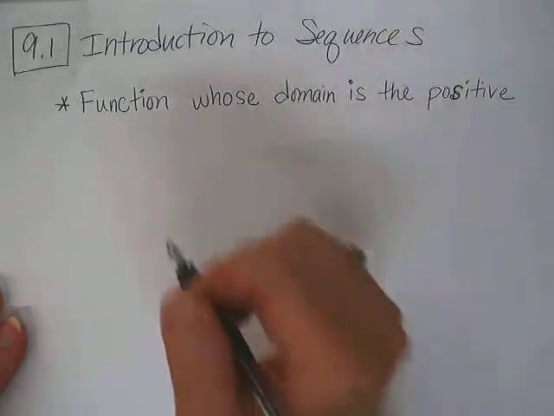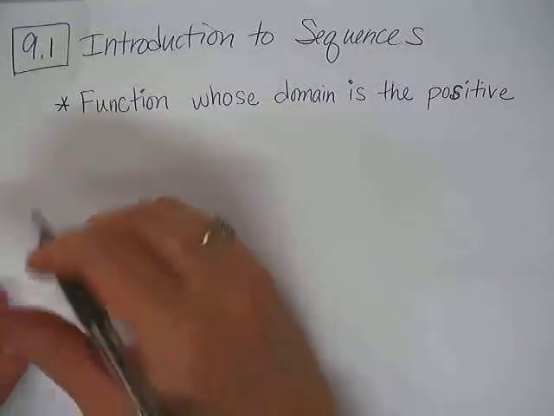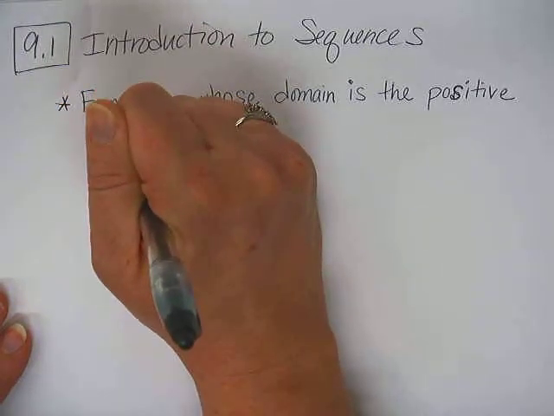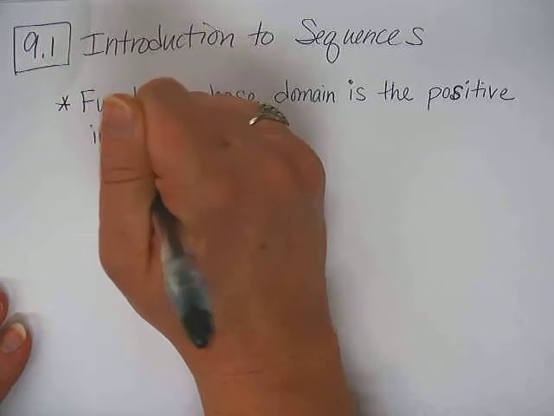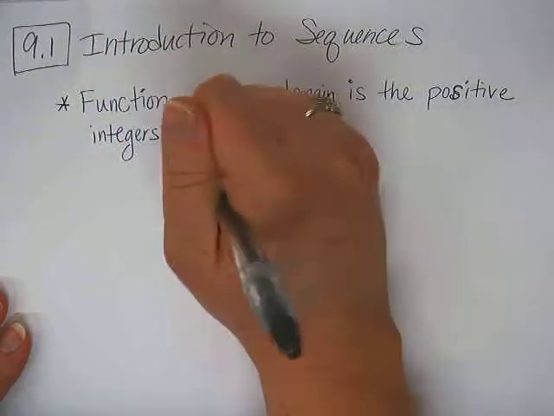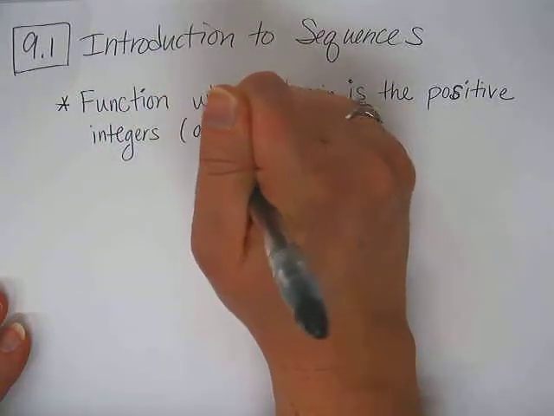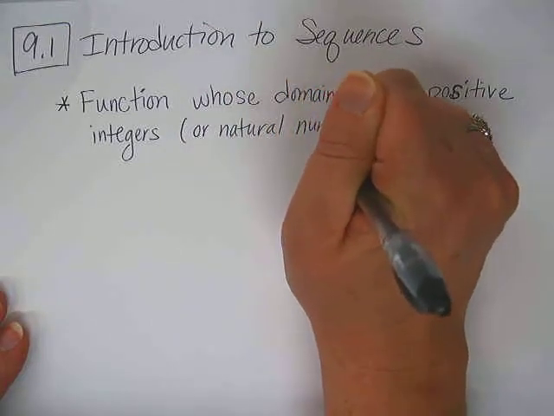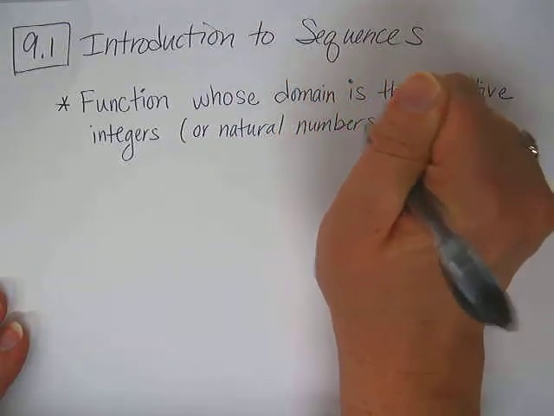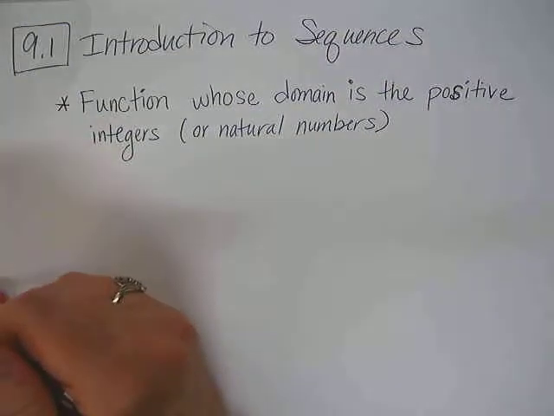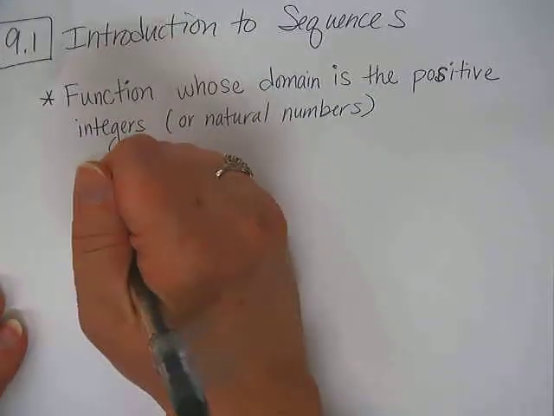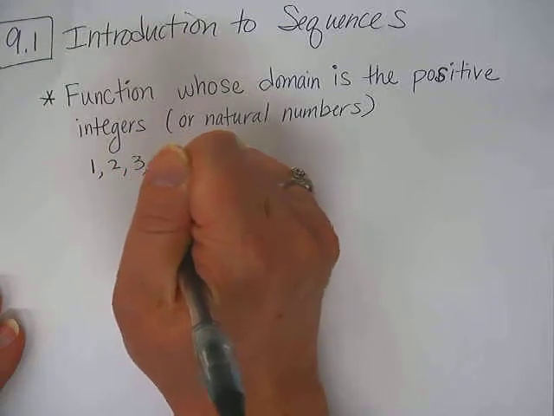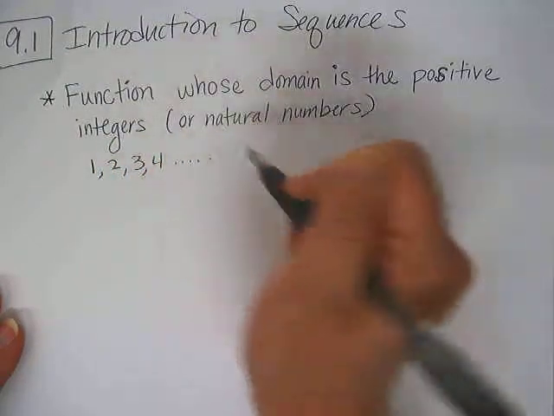Okay. Sequence. A sequence is a function whose domain is the positive integers, also known as the natural numbers. Natural numbers are also referred to as counting numbers. So when you count, you're using the natural numbers, like the number always starts at 1 and goes up from there.